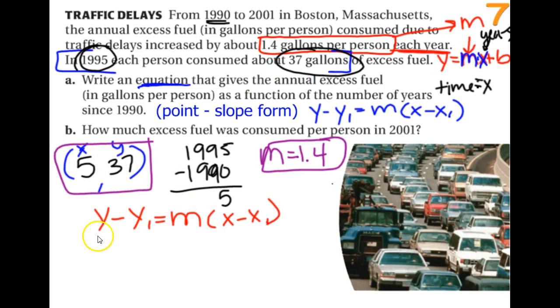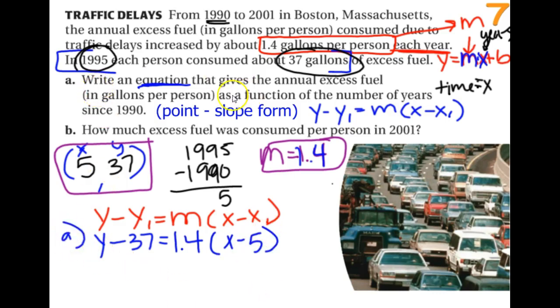So we have y minus y1, or y, which is 37, equal to our slope. Oh, but our slope is really 1.4 right here. And then x minus x1, which is 5.